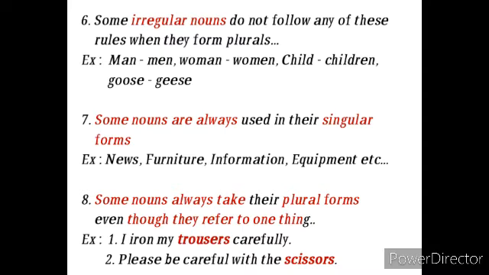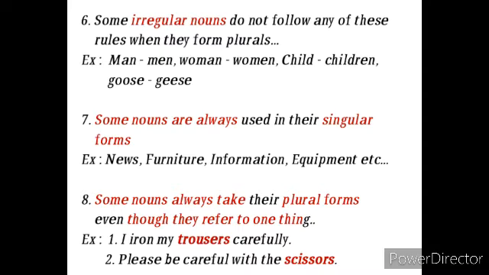Now, vice versa, point number 8. Some nouns always take their plural forms, even though they refer to one thing. Like, I iron my trousers carefully. Please be careful with the scissors. The highlighted words are trousers and scissors.